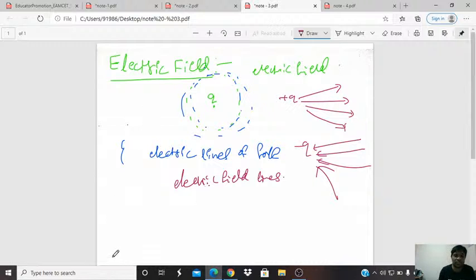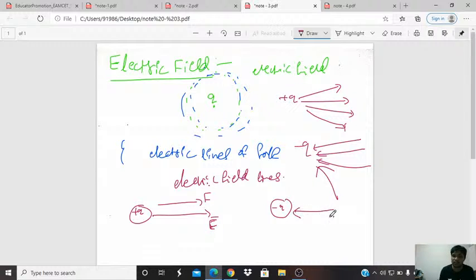So based on this, see if the charge is positive na, what is the electric field? It is away from the charge. Away from the charge. And at the same time, what is the force direction? Force is always away from the charge only. Away always. And if you take negative charge na, field is what?